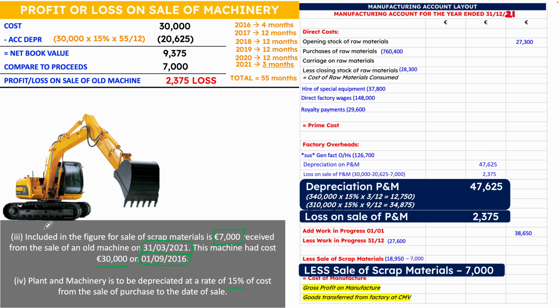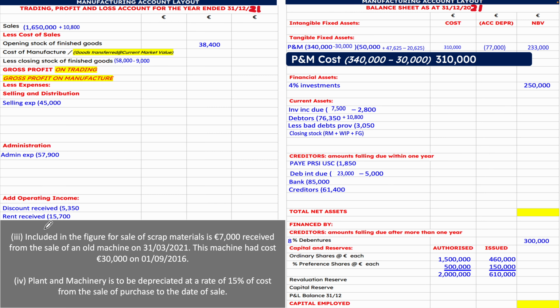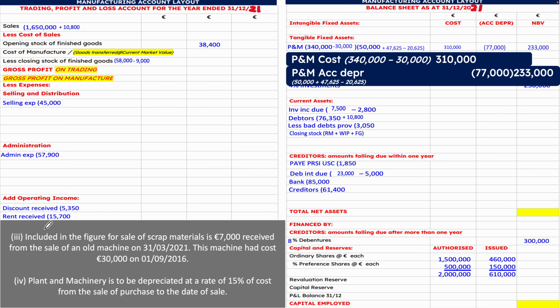What we need to do now is go back to the balance sheet and sort out what is the accumulated depreciation of the plant and machinery at the end of the year. So we have to add the 47,625 depreciation charge for the current year, and then we're minusing the 20,625, which is the depreciation on the sold machine.